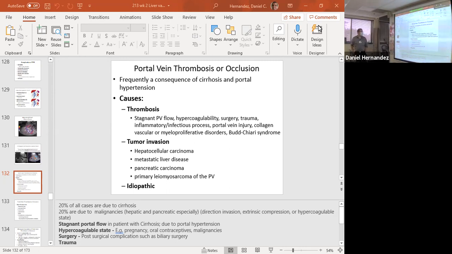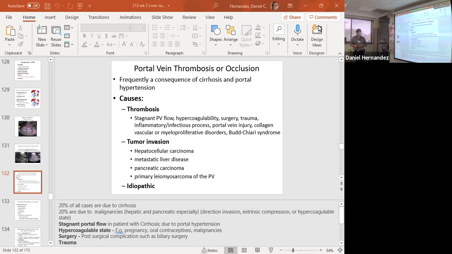The causes of portal vein thrombosis are stagnant flow in the portal vein as a result of cirrhosis. The cirrhosis itself causes elevated pressures within that portal vein. Those elevated pressures then cause the blood flow to become more stagnant and slow down, and as it slows down, it gets a chance to congeal and form clots.